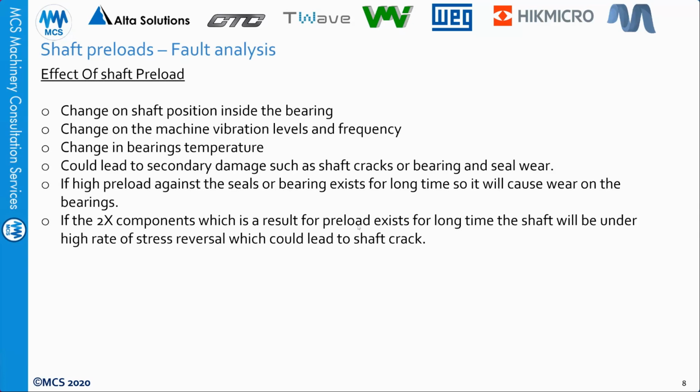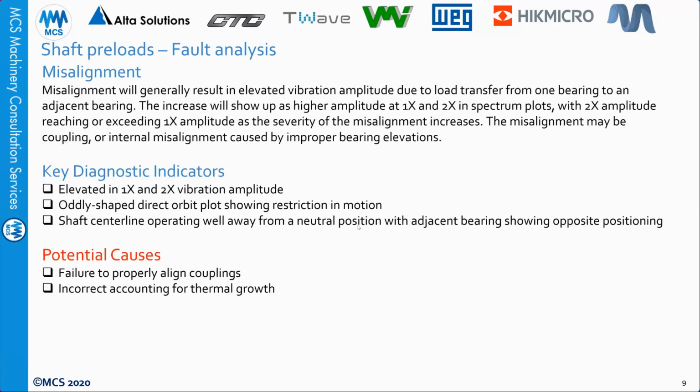Also, if you have high preload against the seals or the bearing for a long time, it will cause wear on the bearings. If the 2x components, which are a result of preload, exist for a long time, the shaft will be under a high rate of stress reversal, which could lead to shaft crack. Misalignment will generally result in elevated vibration amplitude due to load transfer from one bearing to an adjacent one.